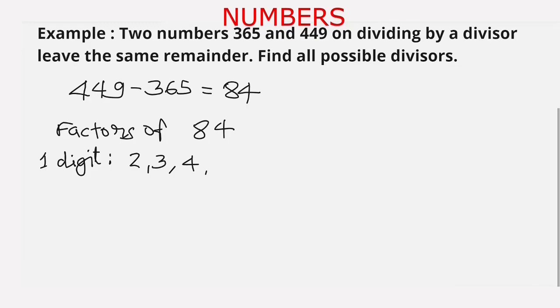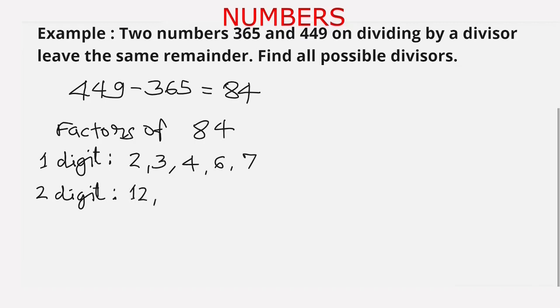As it is divisible by 3 and 2, it must be divisible by 6, and 84 is also divisible by 7. So the one-digit divisors are 2, 3, 4, 6 and 7, and the two-digit divisors are, as it is divisible by 3 and 4, 12.